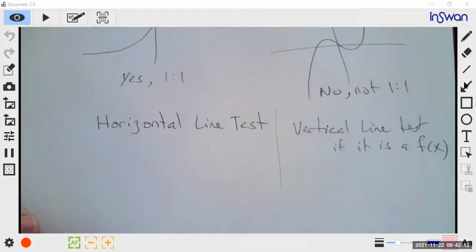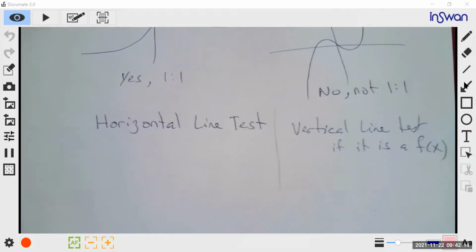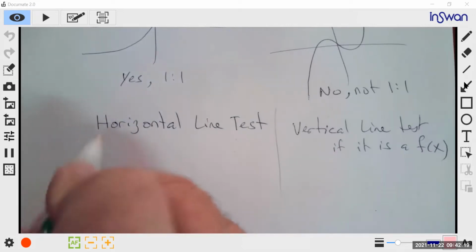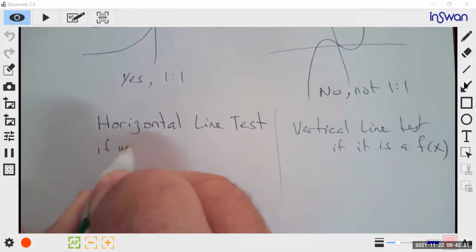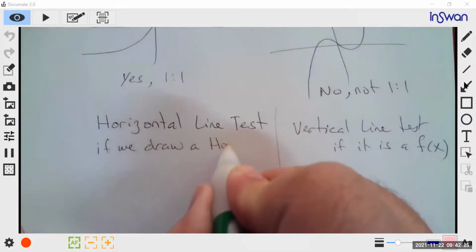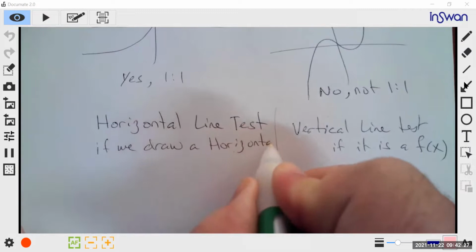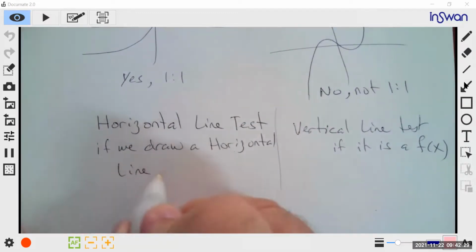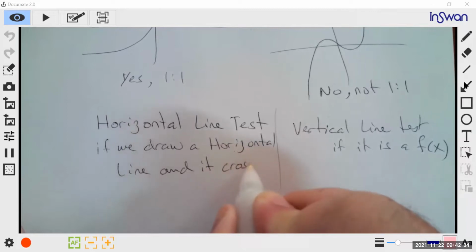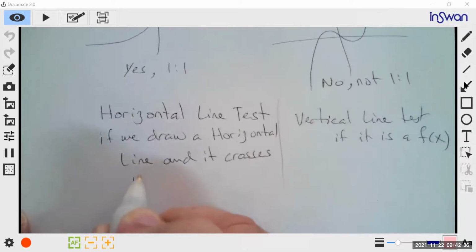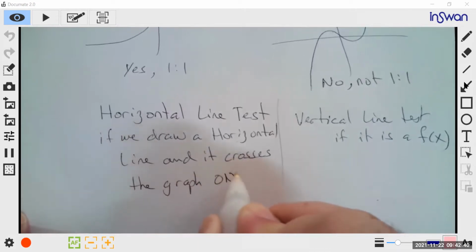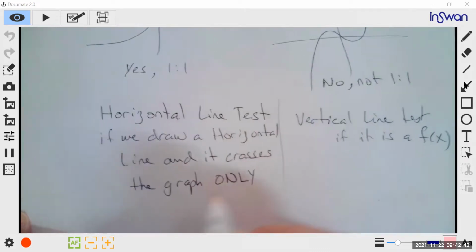If we could draw a vertical line up and down anywhere and it hits the graph only once, then it's a function. Now, it's one-to-one if we draw a horizontal line and it crosses the graph only once.